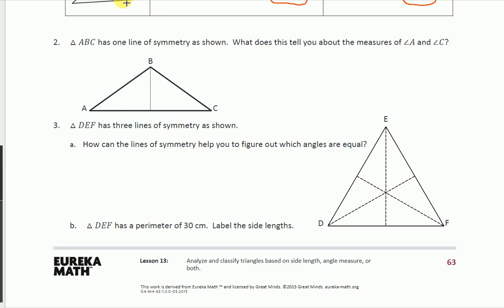Well, angle A is equal to angle C. Okay? And if you fold it over, they'll match up completely.